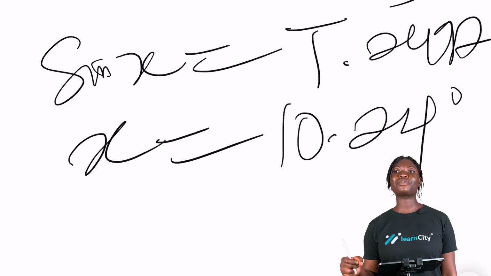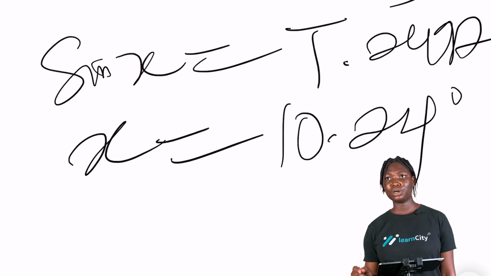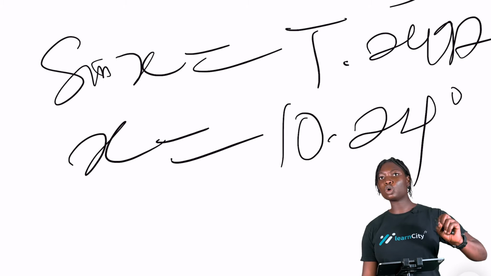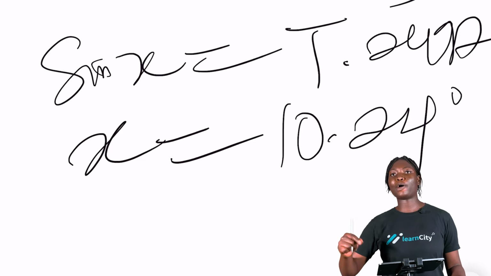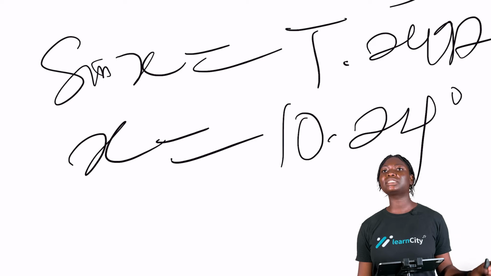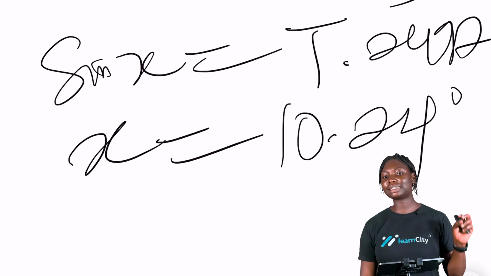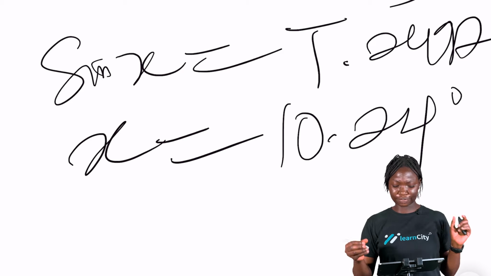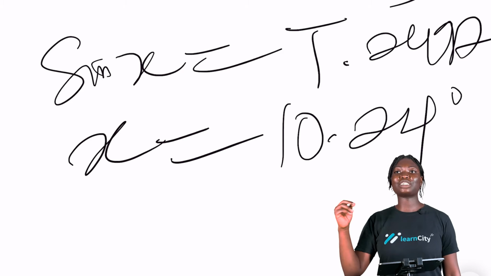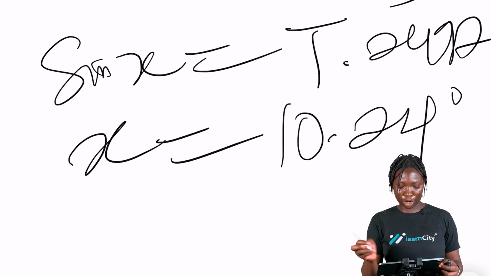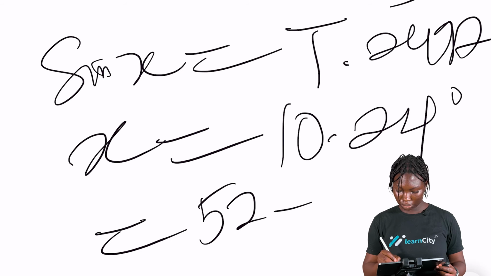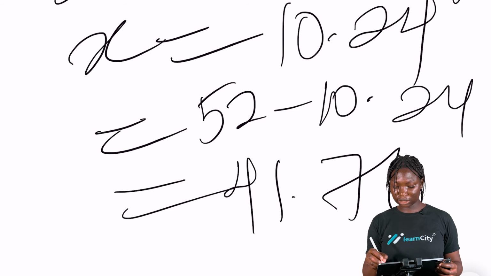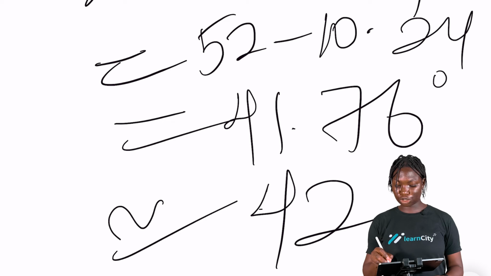Now, the bearing of the aircraft from the airstrip will be 52 degrees minus this 10.24. The 52 degrees is the starting bearing, the bearing it was at when the aircraft took off. So the bearing will be 52 minus 10.24, which is 41.76. Approximating, we have 42 degrees.